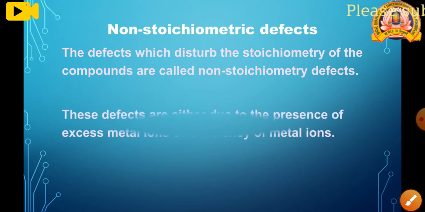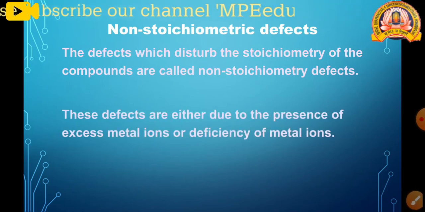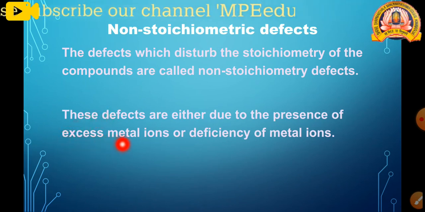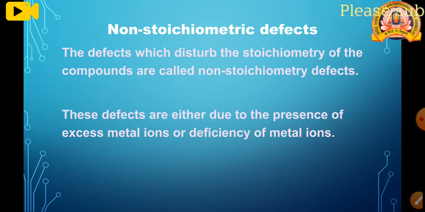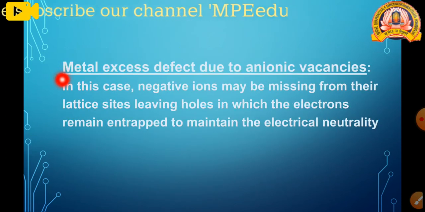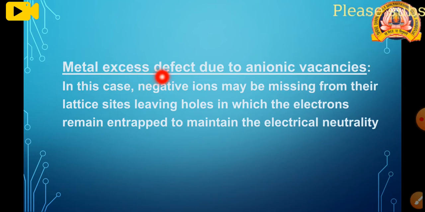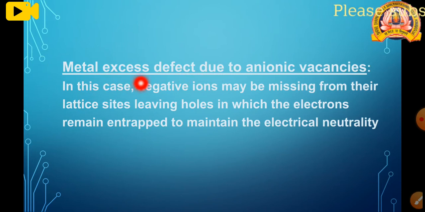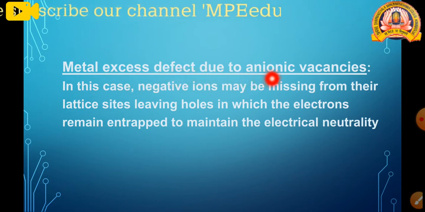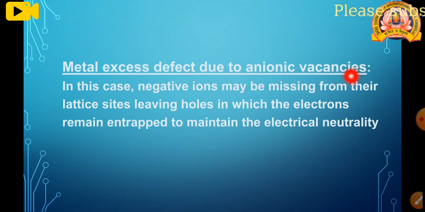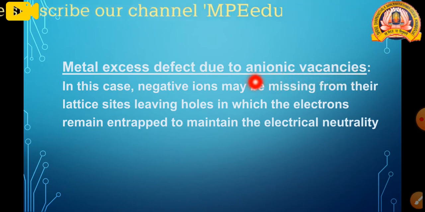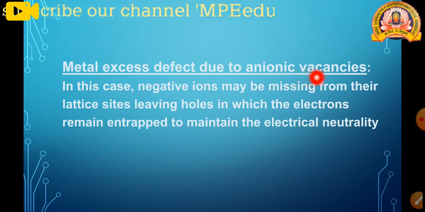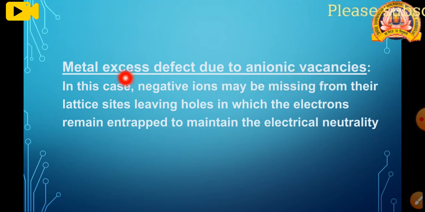I think all of you clearly understand the meaning of disturbed stoichiometry. Stoichiometry means correct, balanced. When positively and negatively charged ions are balanced, the stoichiometry remains the same. When the numbers of positive and negative ions are different, there is a disturbance in the stoichiometry.